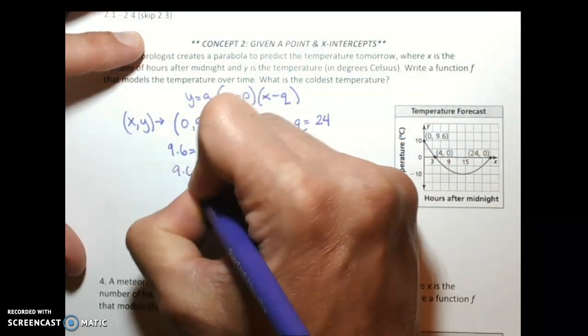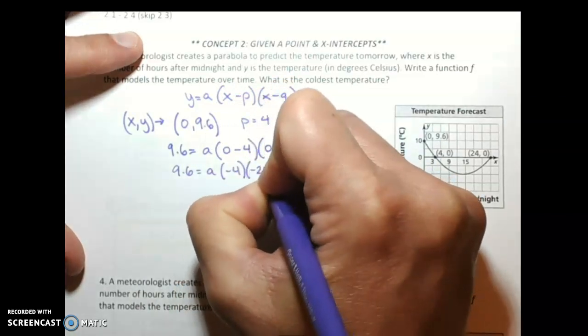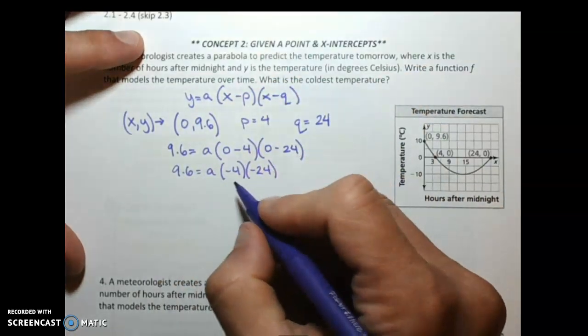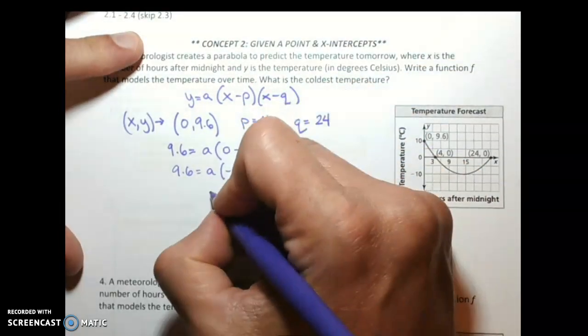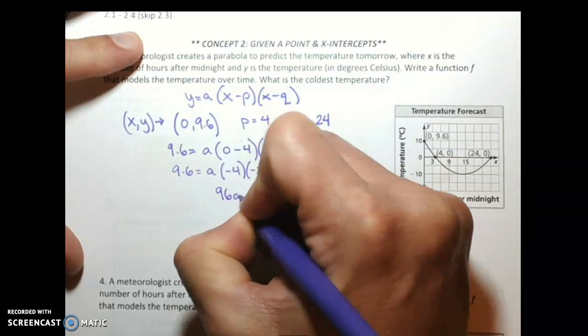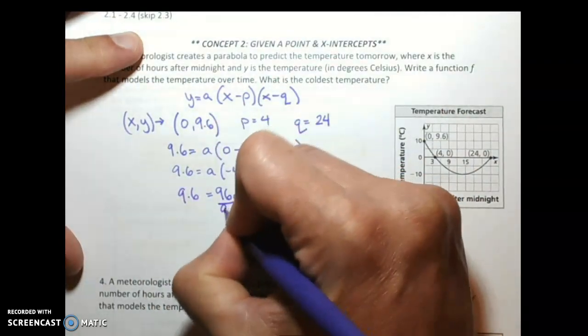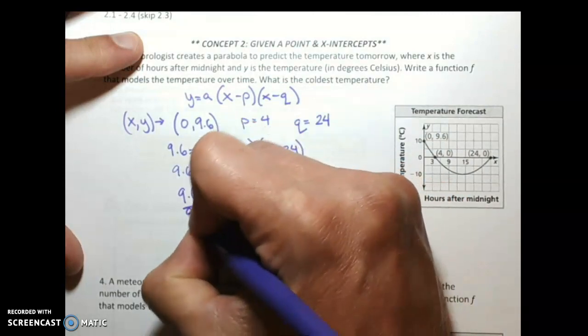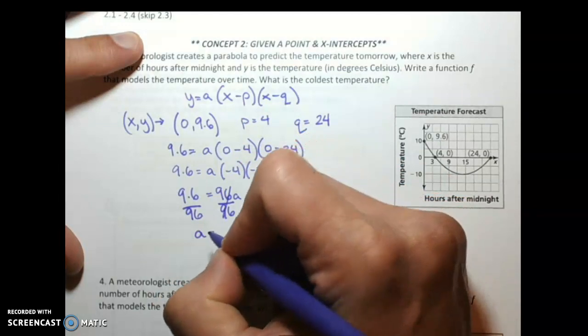So 9.6 equals A times negative 4 times negative 24. Negative 4 times negative 24 is positive 96. So I get 96A equals 9.6. Divide by 96 on both sides, and A is equal to 0.1.